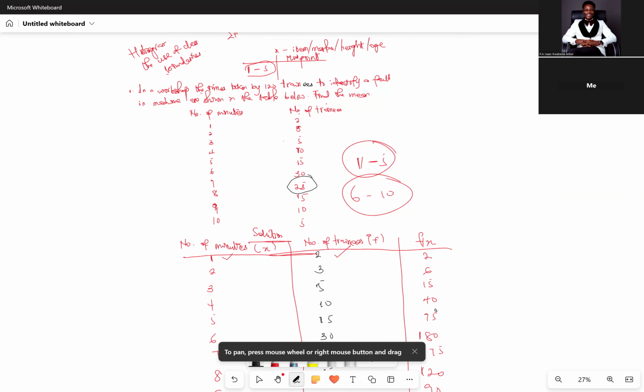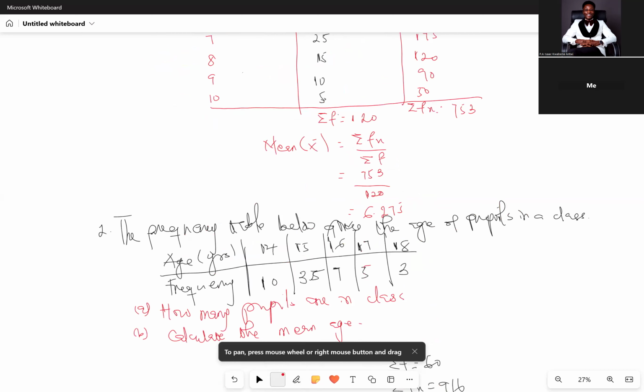If you are multiplying and a variable is there, you know how to add and subtract numbers with variables using algebraic expressions. Then you introduce the formula mean equals sigma fx over sigma f, put in the values you have, and through that equation you'll be able to find x. Enough of the long talk, so let's put that into practice.